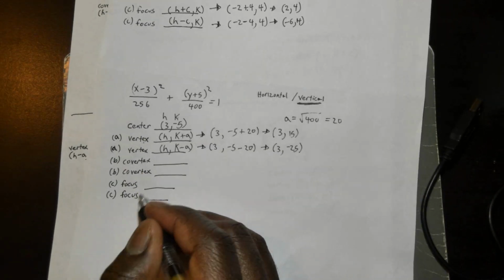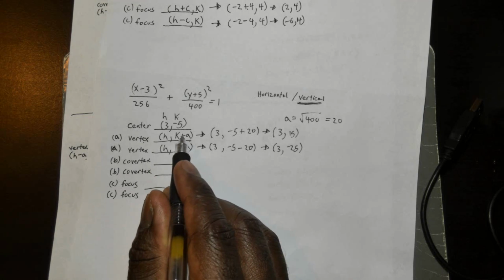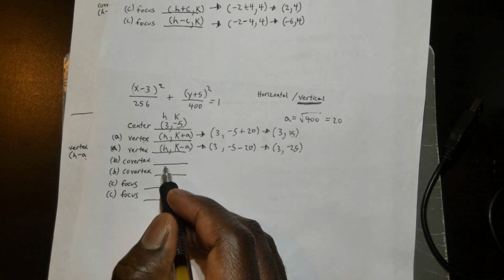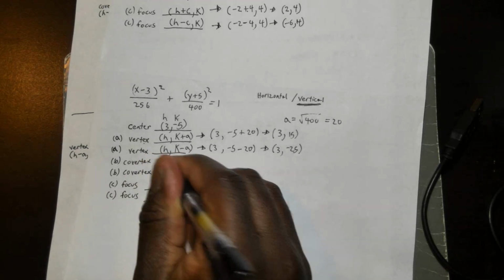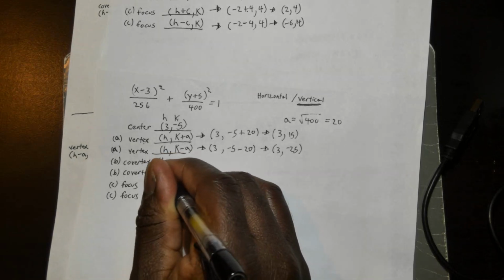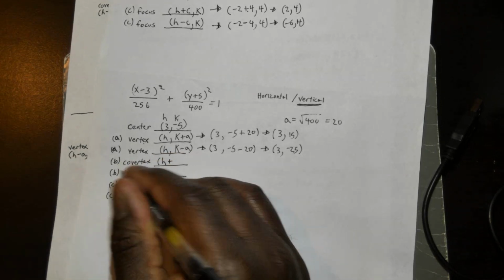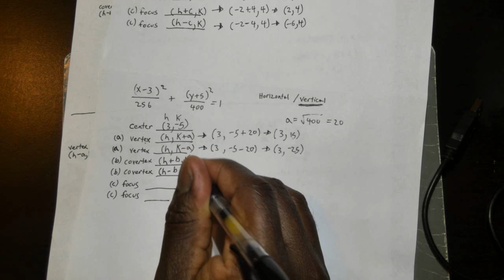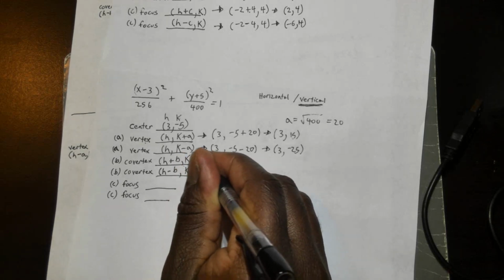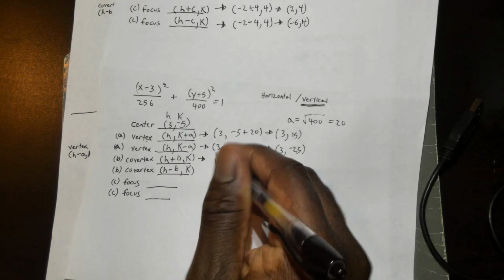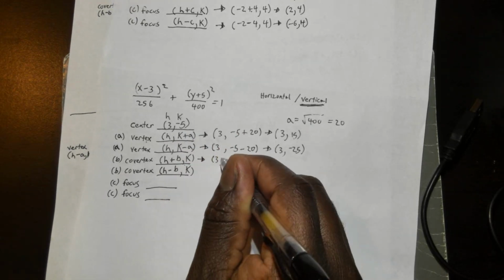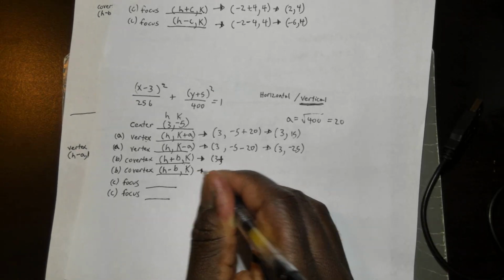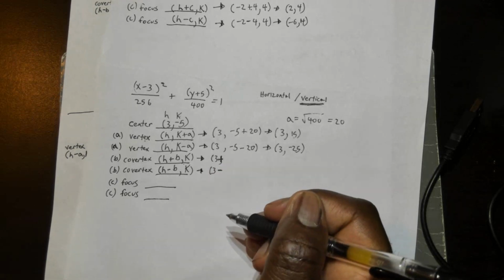For the co-vertex, we're going to do the same thing, but remember, if the y gets changed on the vertex, what gets changed on the co-vertex? It will be the x. So it'll be h plus a certain value, or h minus a certain value, and we know that that's the b value that we're working with for the co-vertex. The k value would stay the same. So if we plug our numbers in, h was 3, we're going to add the b value, or we're going to subtract the b value.